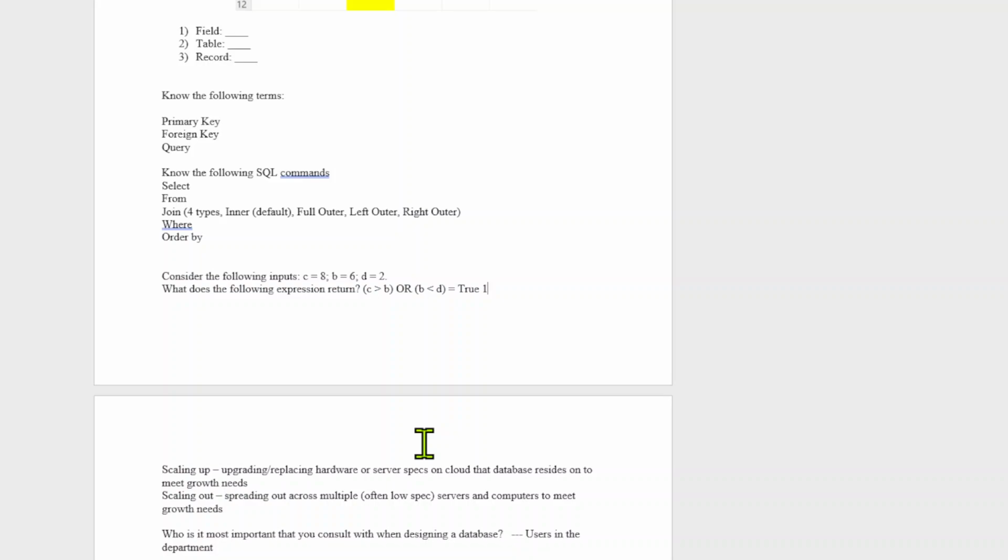So it's a big deal, and scaling up becomes an issue. Scaling out is spreading out across often low spec servers and computers to meet growth needs. That's used in your NoSQL systems, like Hadoop, a big user of that feature. So if we're talking scaling up, we're talking relational databases. Scaling out, we're normally talking NoSQL or non-relational.